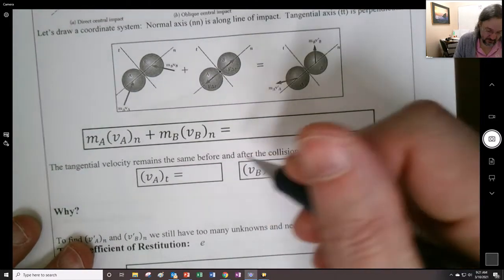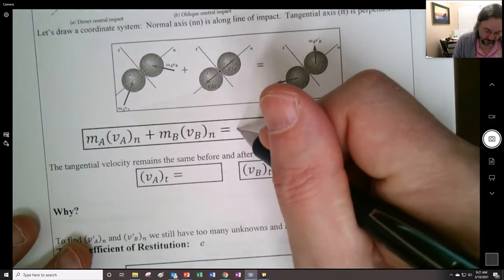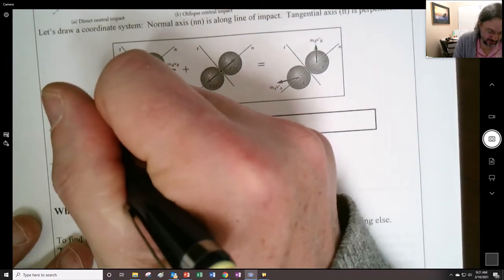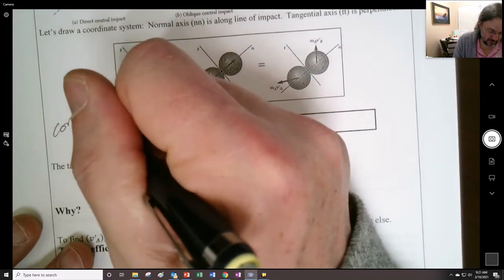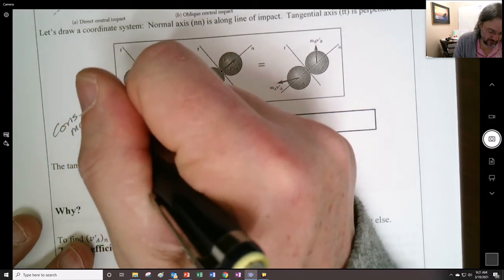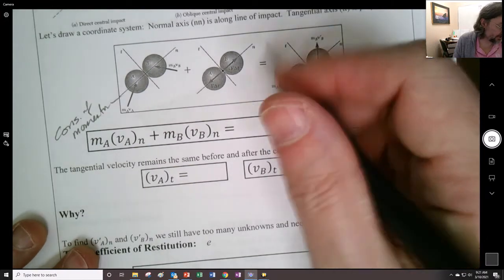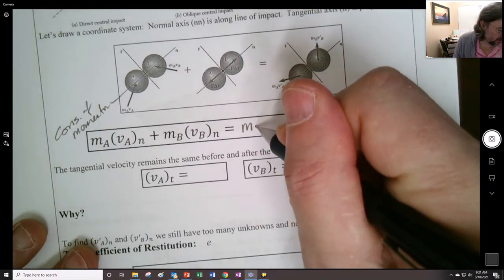What we want to write down for this is, first off, in the normal direction we do the conservation of momentum. And we write in the normal direction, and I guess I'm going to use the prime notation.